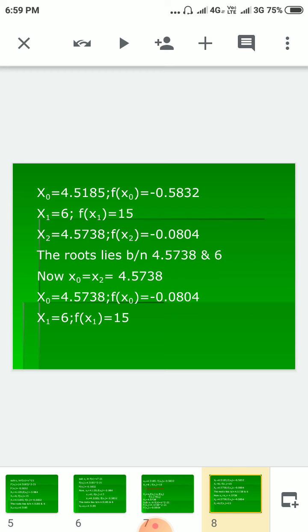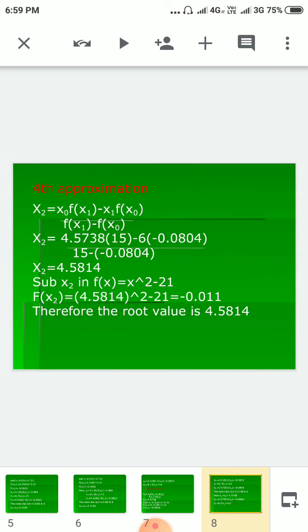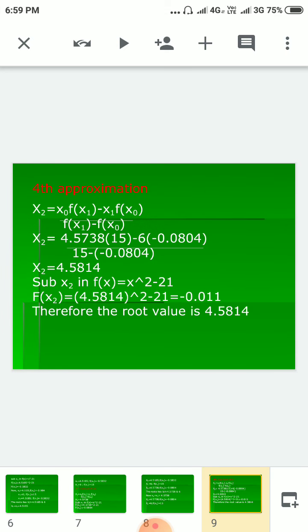Okay, once again compare all the values and check whether the root lies between the positive and the negative value. According to that, you have to write that the root lies between 4.5738 and 6, convert the value of x2 as x0, and substitute the values of x0 and x1 in the formula for the fourth approximation.